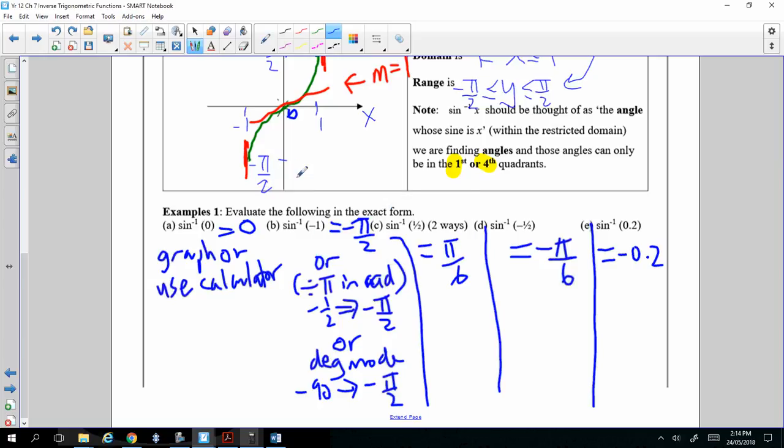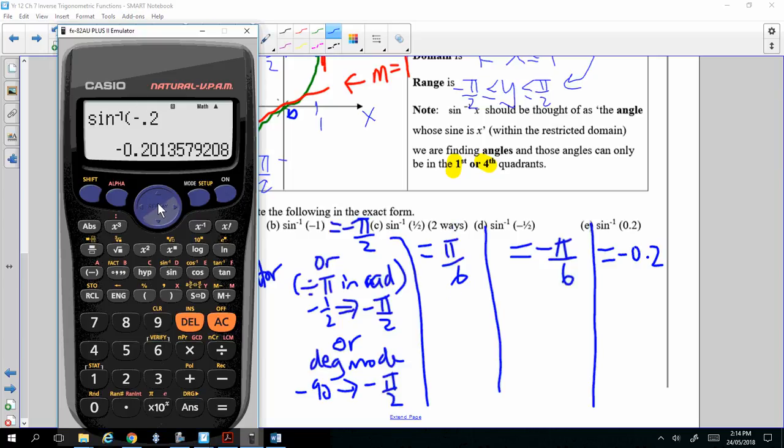Oh, how do you get 0.2? If I do that in degree mode, it gives you 11.53 degrees. If you change it to radian, multiply by pi divided by 180, and that gives you the angle in radian. If I do it in radian mode, it gives me the same.